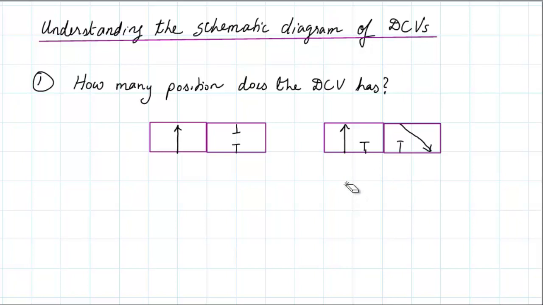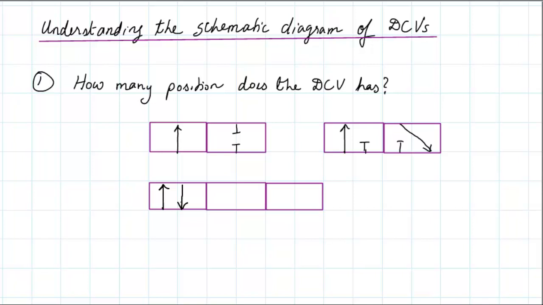Anyway, there can be 3 position DCVs. The 3 position DCVs I will draw like 3 positions with 3 boxes. And now suppose this one has 4 ports. So in one of the positions, the arrow basically goes in this direction between these 2 ports, and between the second and third port, third and fourth port, the fluid is flowing in the other direction.